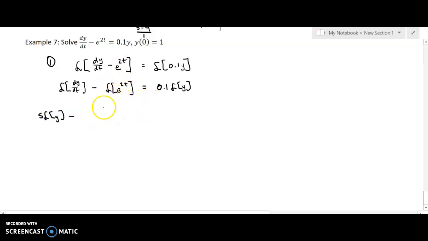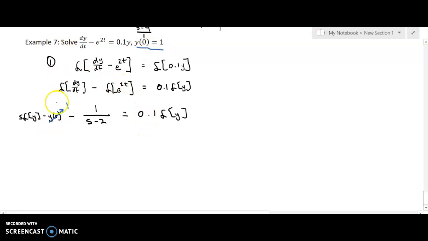The Laplace of e to the at for any constant is 1 over s minus that constant. So since this is a positive 2, we have 1 over s minus 2. And then we can't do anything else on the left. Oops, I did forget a term here. This should be s Laplace of y minus y of 0. S Laplace of y minus y of 0 equals 0.1 Laplace of y. So I know my initial condition, that's given to me as 1. So that's going to be a 1 right there.